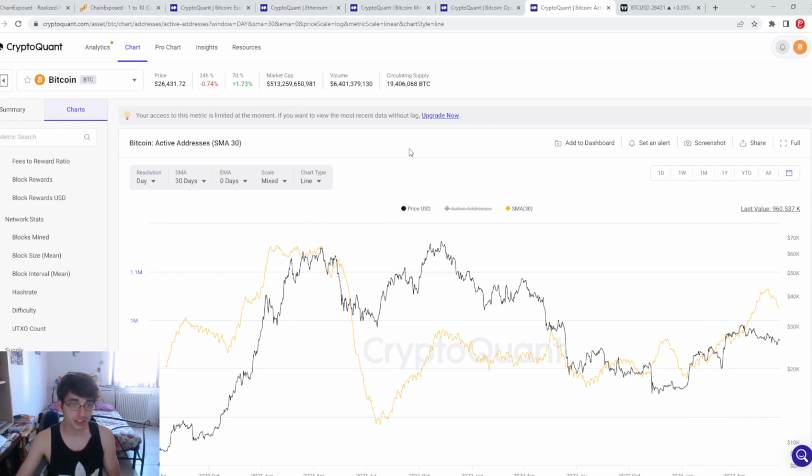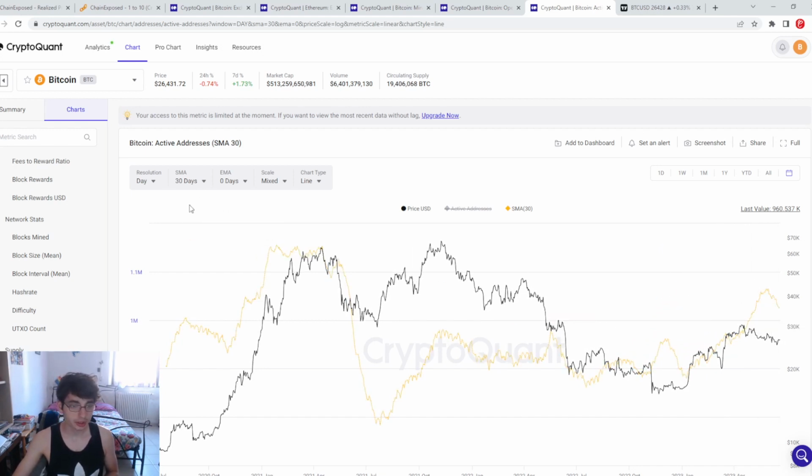Here instead we see if people are actually using the Bitcoin protocol itself, the network, giving miners revenue and keeping the network alive, and with the phenomenon of ordinals we are actually seeing an increase in active addresses.